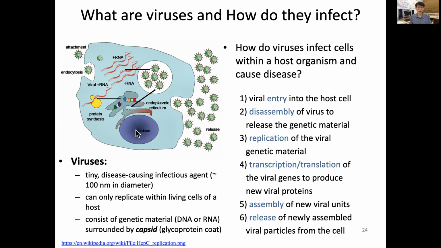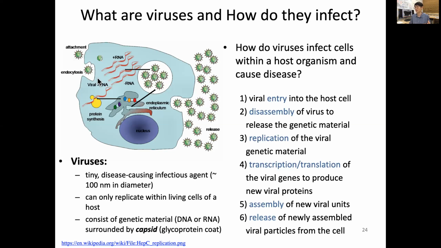That actually led to a Nobel Prize, and the discovery was by Howard Temin and David Baltimore, who later became president of Caltech. Then the virus replicates its genetic material.